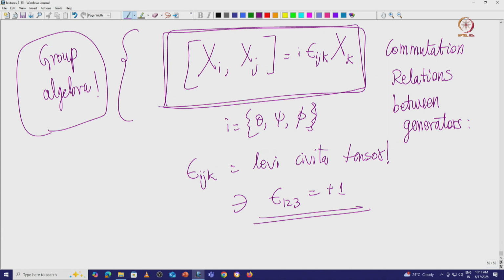So these generators do not commute with each other, they satisfy some commutation relations. There are other things also, something called the Bianchi identity which they satisfy, but it is not important for us.